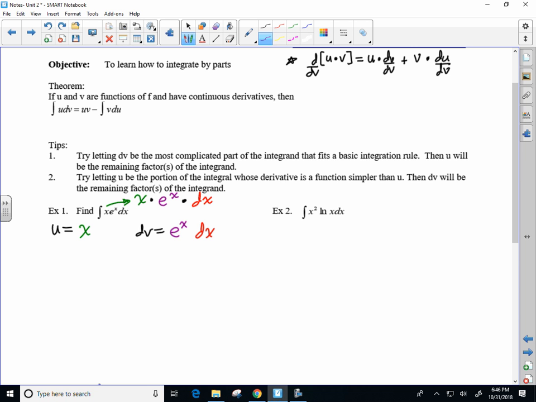All right? So after we designate our values, we take the derivative of whatever we call u, so du/dx, but we could also do it in pretty much the same way we did with u substitution, which is to skip this step basically and just go right to du equals 1 dx, or just dx.